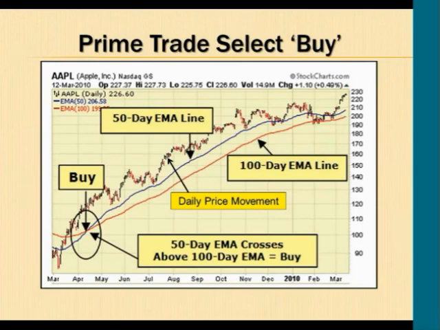So when you use these exponential moving average lines along with the Apple price chart, you can see within just a few seconds whether any stock is a buy or sell. So it gives us a clear picture of the price trend of the stock just by displaying these exponential moving average lines. And as long as that 50-day is above the 100-day EMA, then the stock is on a buy.